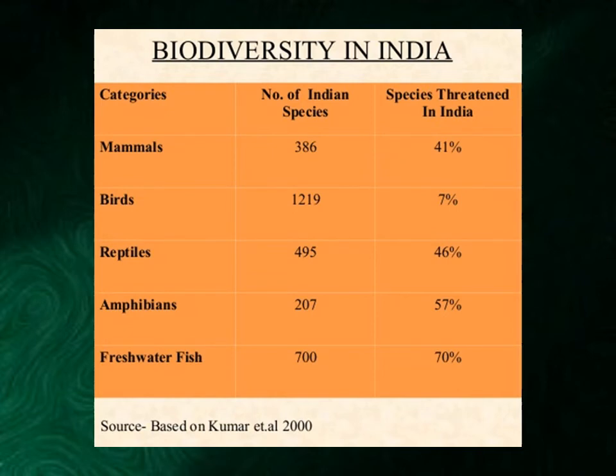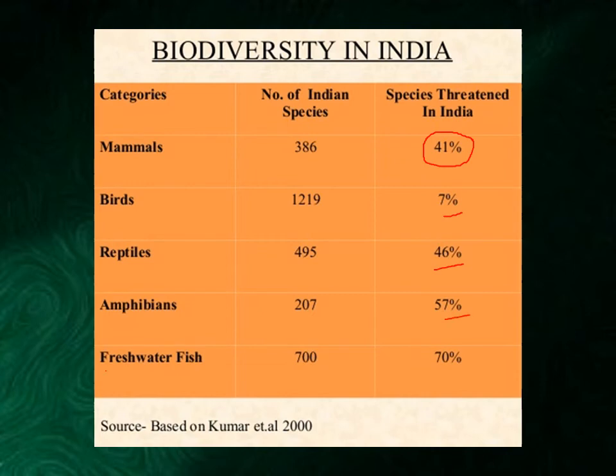If you look at the entire biodiversity of India and the threatened species within India, you can see that among mammals, within the 386 species, 41% are nowadays threatened. Among birds, 7%. Among reptiles, 46% are endangered. Among amphibians, it is 57%.